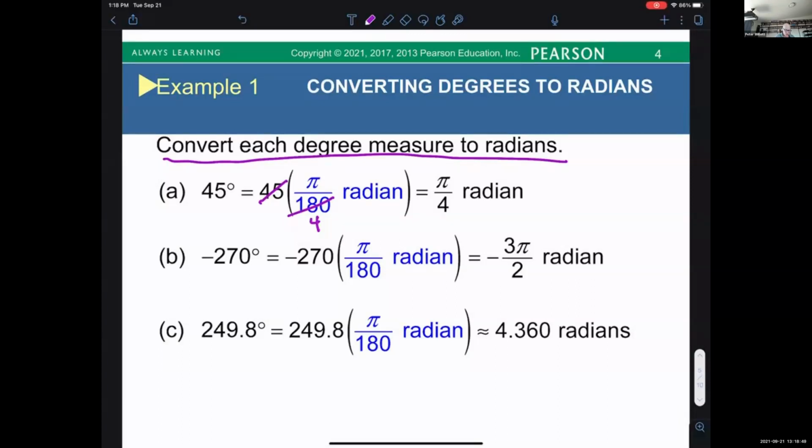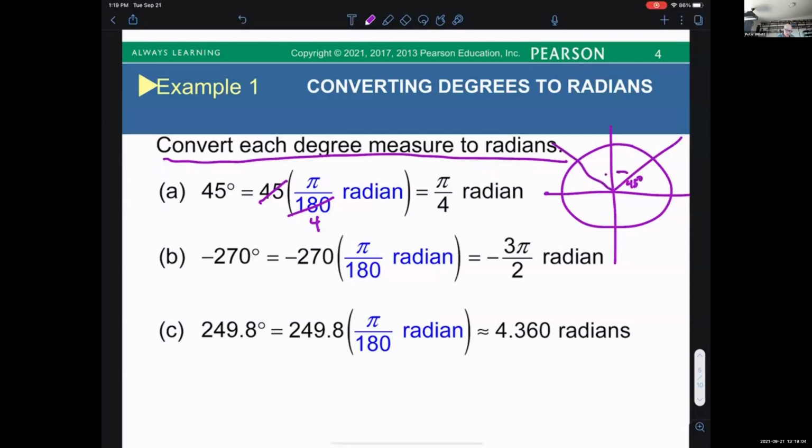And we can also help, for those who like to think graphically, to visualize what's going on. There's 45 degrees. We know that halfway around is pi, and 45 degrees cuts the halfway around into 4 equal size pieces. So that's pi divided by 4, because pi is halfway around and 45 degrees is 1/4 of a semicircle, of half of a circle.